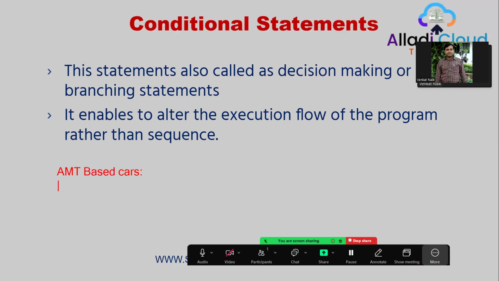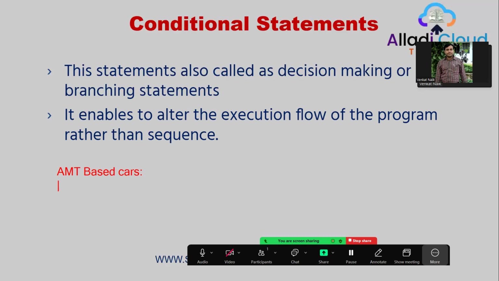What does it mean? When you start the car, the speed of the car at ignition starts at 4 kilometers per hour. If we accelerate, accelerator means increasing the speed of the car. If the car speed increases to 10 kilometers per hour, automatically, when greater than 10 kilometers, it will go to the second gear.